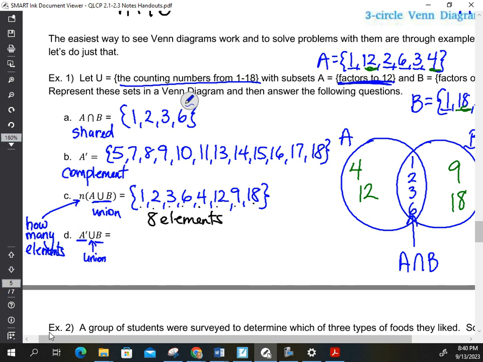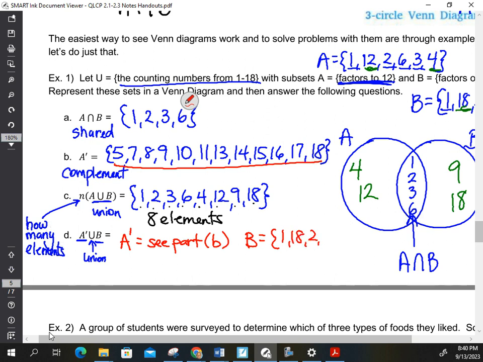A prime are all those numbers that we listed up there. So I'm going to put A prime, and of course, B is the set of the factors of 18.